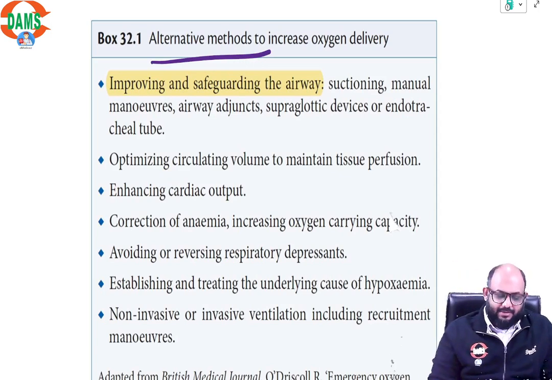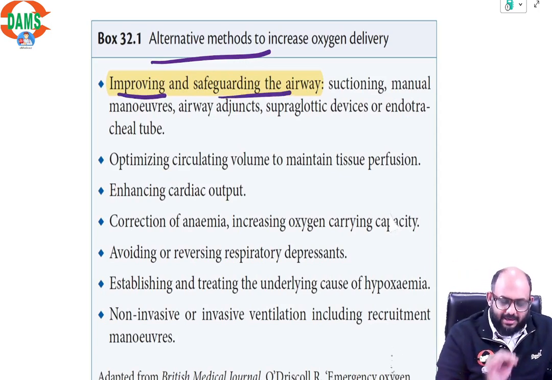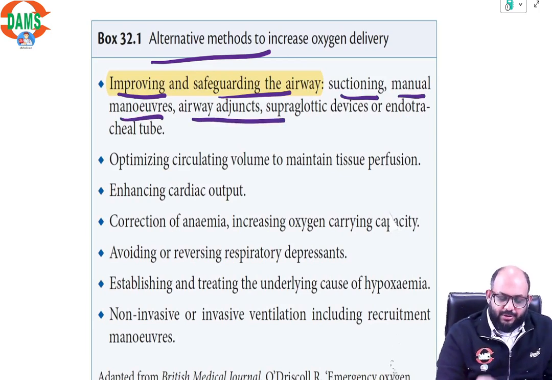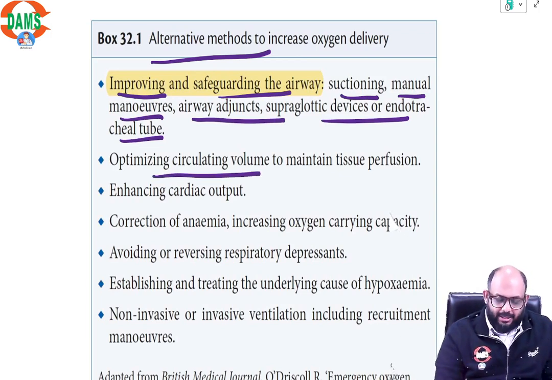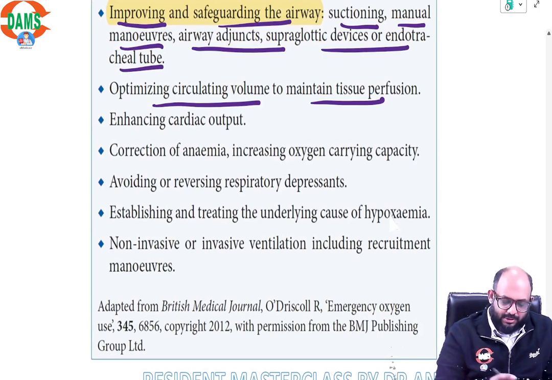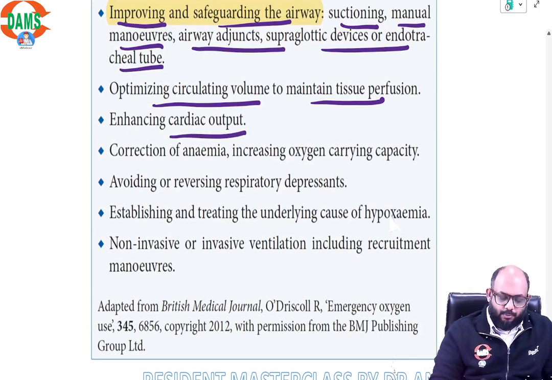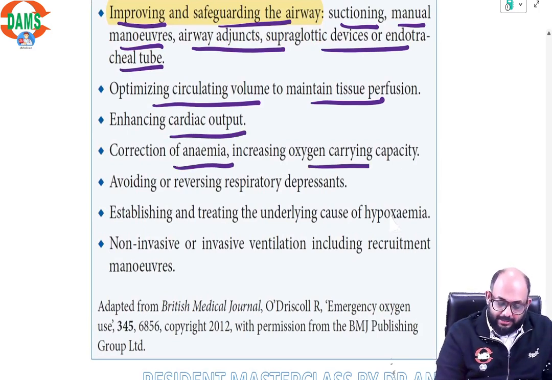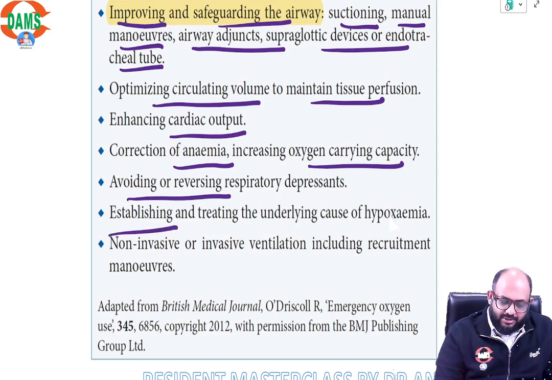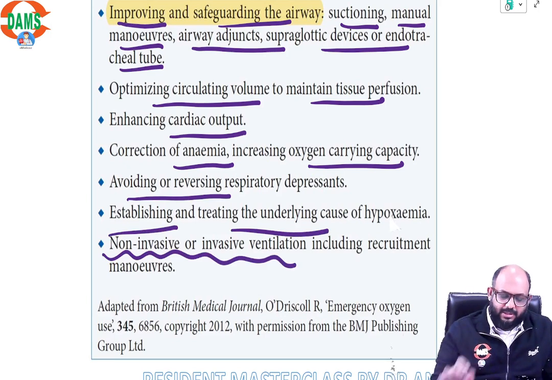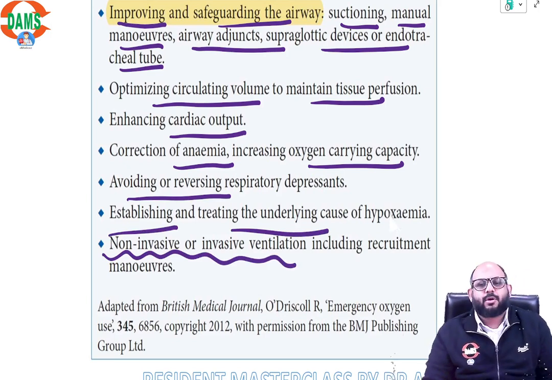So what you will do: improving and safeguarding the airway, suctioning, manual maneuvers, airway adjuvants, supraglottic devices or endotracheal tubes, optimizing circulating volume to maintain tissue perfusion, enhancing cardiac output, correction of anemia to increase oxygen carrying capacity, avoiding or reversing respiratory depressants, establishing and treating underlying causes of hypoxemia, and non-invasive or invasive ventilation, including recruitment maneuvers.